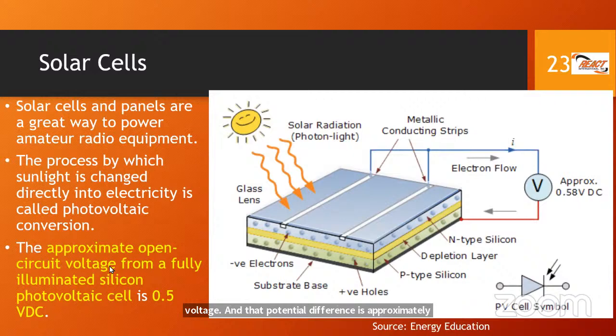The approximate open circuit voltage from a fully illuminated silicon photovoltaic cell is 0.5 volts. So illuminated means that the sun is shining on it. Silicon photovoltaic cell, well, that is the substrate that is used for constructing solar panels. We just need to know that the voltage generated by that cell is approximately half, or 0.5 volts DC, right? So again, direct current.